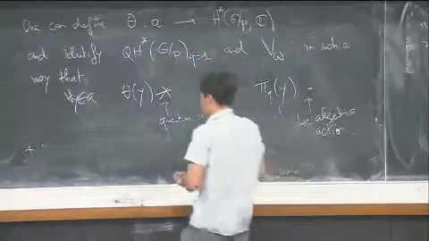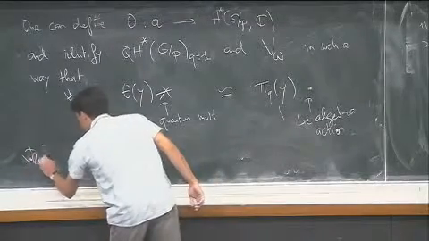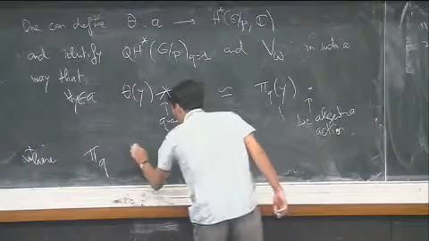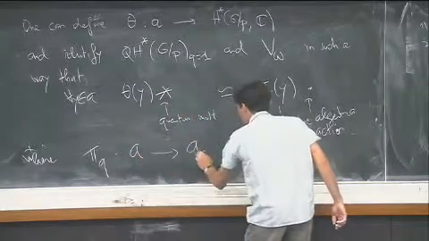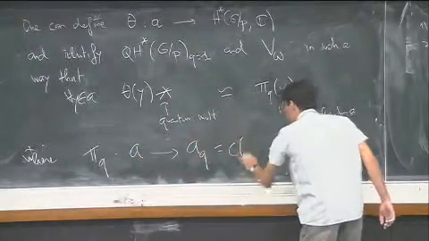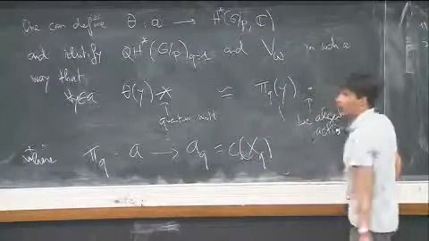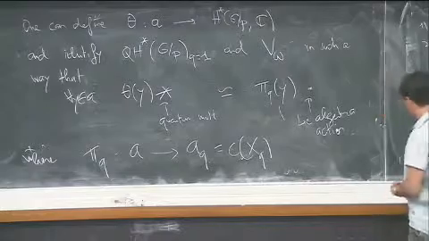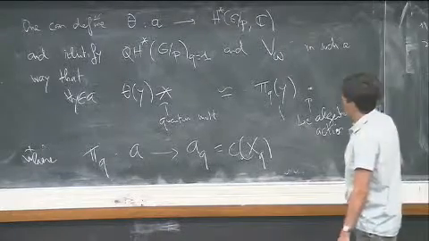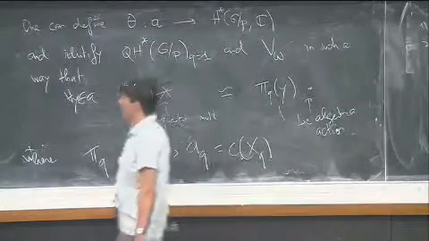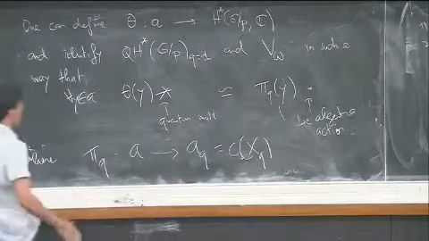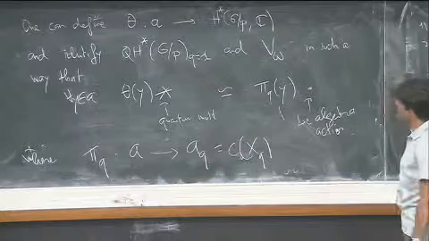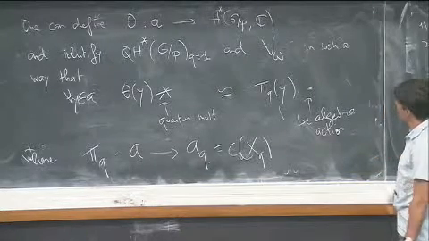natural isomorphism between A and what I denote by AQ, which is the centralizer of this XQ. Okay, so this is the quantum generalization of the Satake correspondence in the minuscule setting.